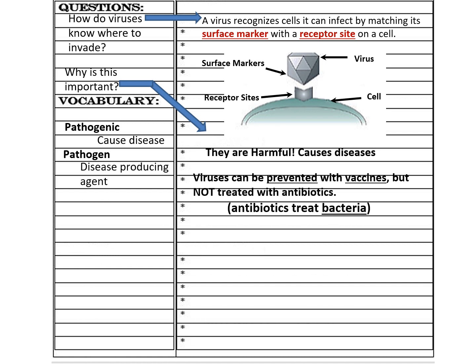Viruses can be prevented with vaccines, but not treated with antibiotics. Antibiotics only treat bacteria. And I hope that you added all those other things prior to this that I asked you to stop and write down, such as our 4 defenses against viruses. Pause the video and add this information.